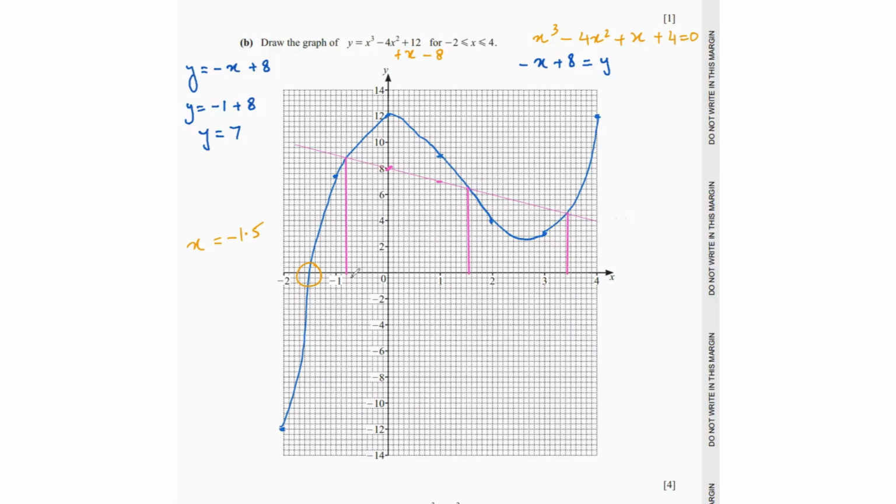This one is negative 0.8. This one is 1, 2, 3, 4, 5, 1.55. And this one is 1, 2, 3, 4, 3.45. So these are the 3 solutions that I'm getting for the intersection between the line and the curve.